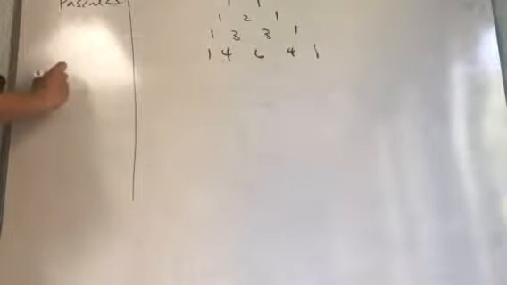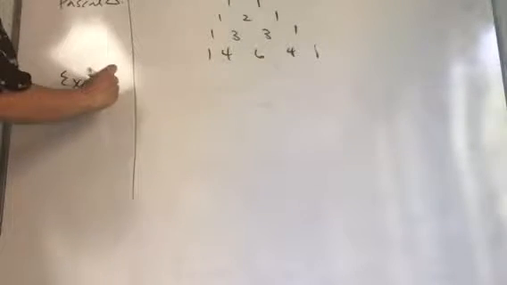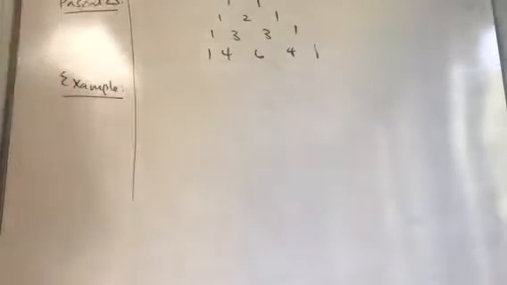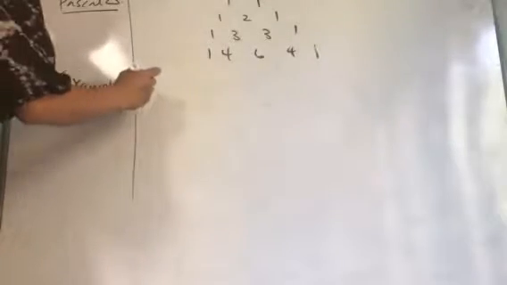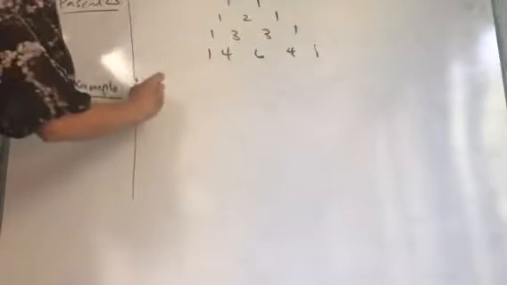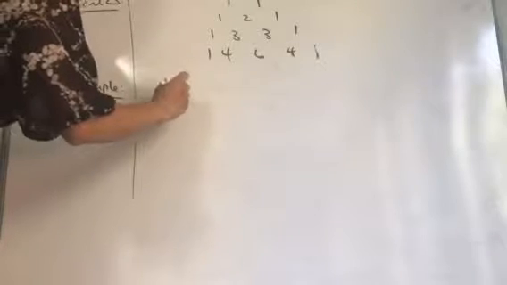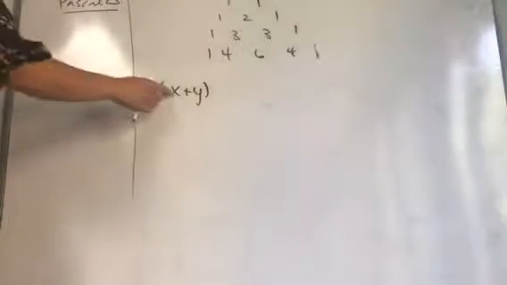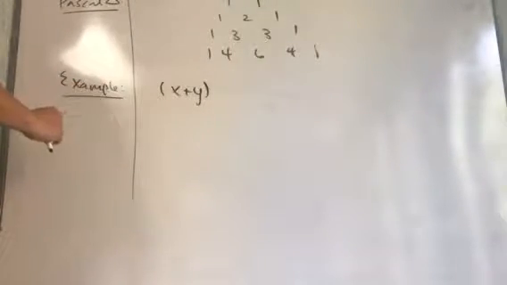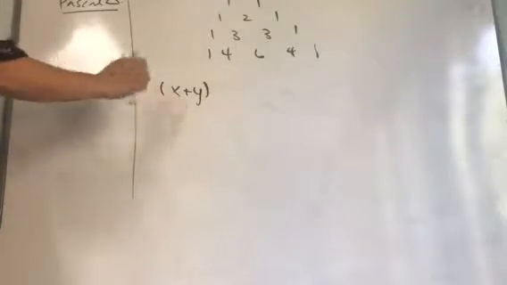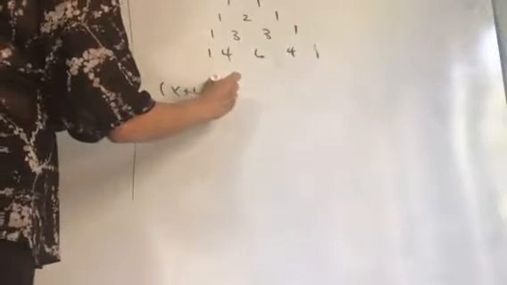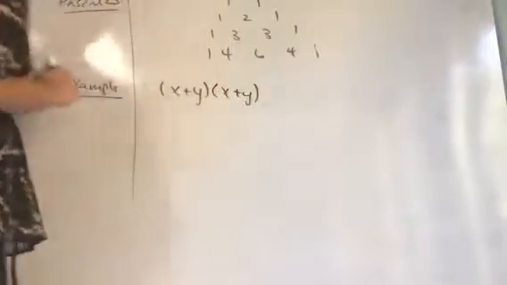So let me just put up an example here. We also talked about today how we can multiply polynomials. So I'm going to put up here a binomial, because there's two pieces, and this is one binomial, and I'm going to multiply it by another binomial.